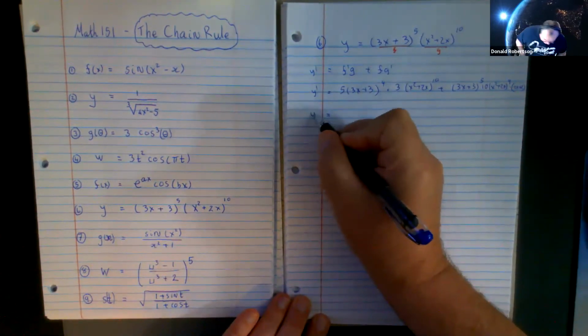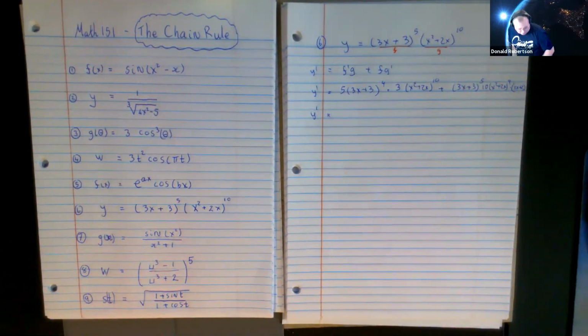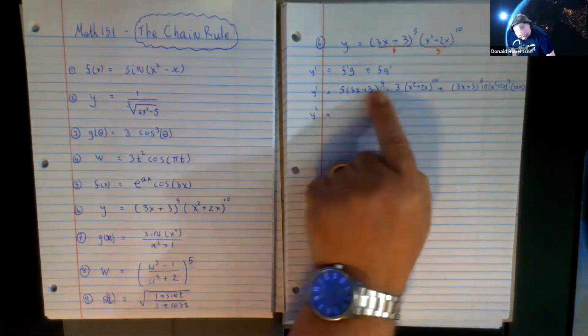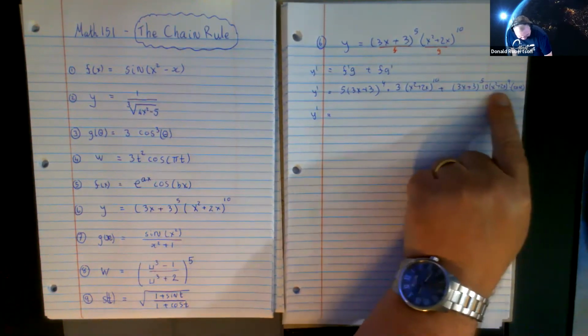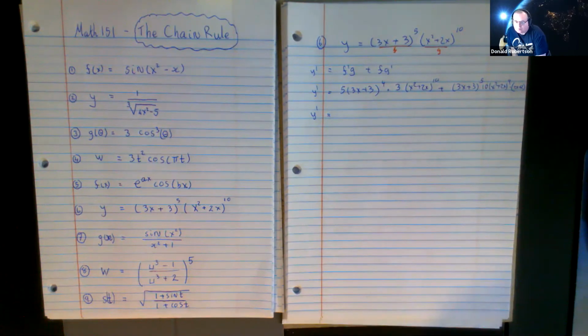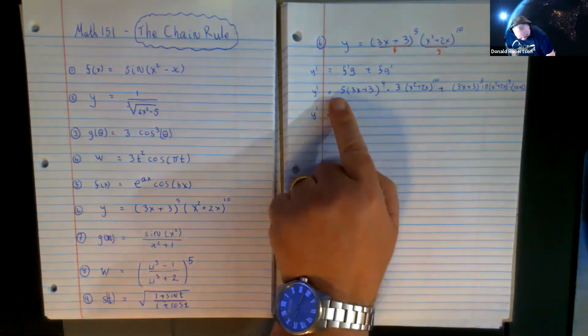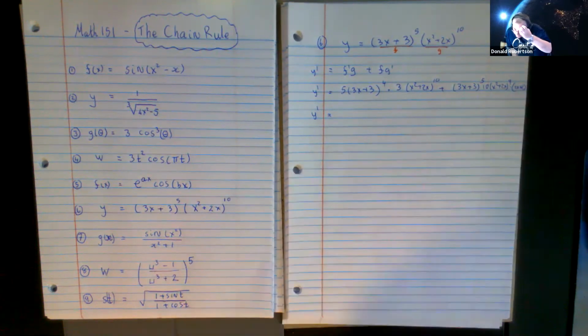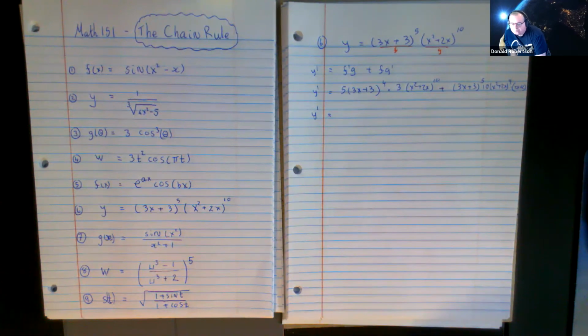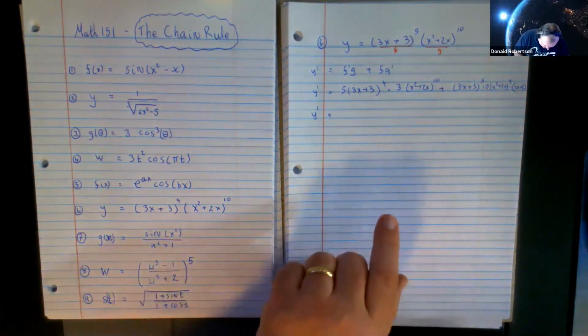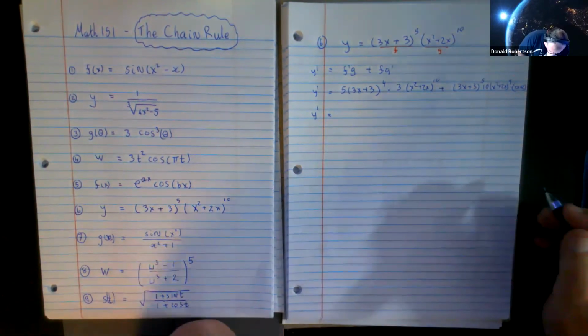Okay, style points. Look at these two terms, this combination here, this combination here. Let's go hunting for common factors. There's quite a few this time. Anything from here and here that you could pull out as common factors? There's 3x plus 3.